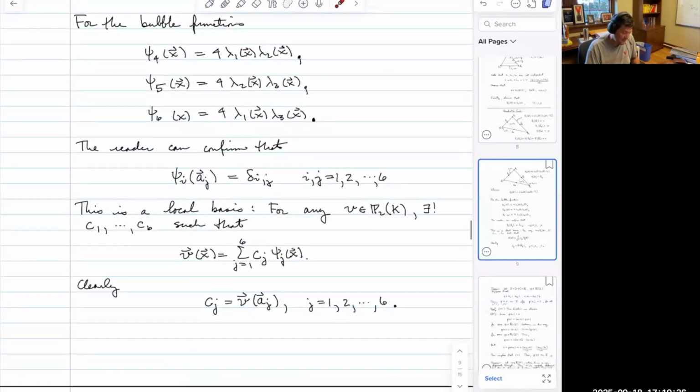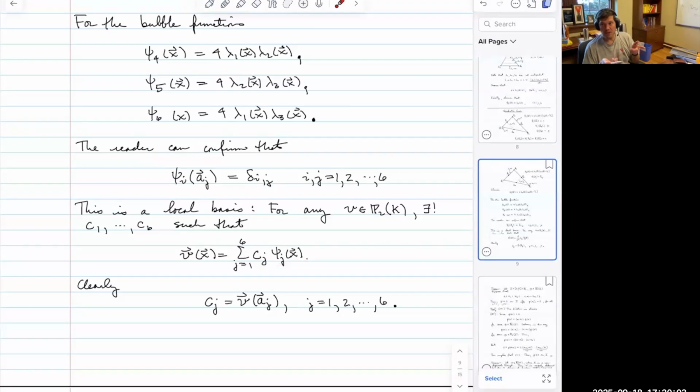It turns out that this is a local basis for P2, and we're going to prove this result in a little bit. But what that means is if I have any v, a polynomial of order 2 on a triangle K, there exist unique constants C1 through C6 such that v can be written as a linear combination of these basis functions.